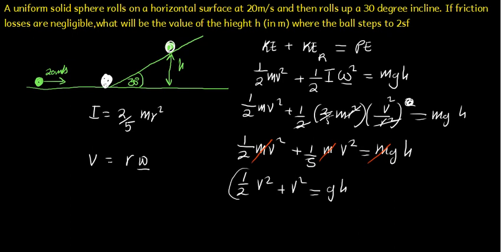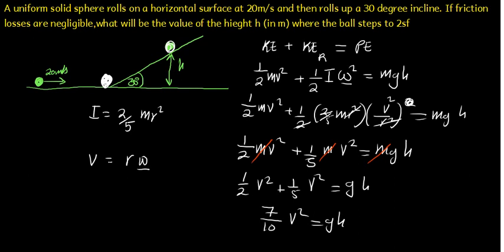Actually, I left out the 1/5 earlier, so it is plus 1/5 velocity squared equal to gh. Now 1/2 plus 1/5 gives us 7/10, so 7/10 v squared equals gh.